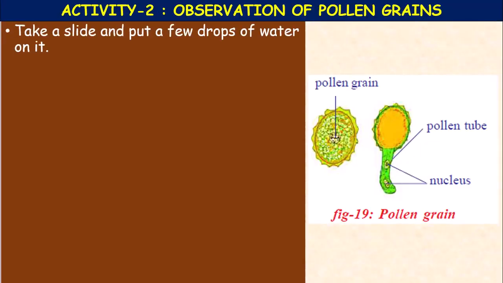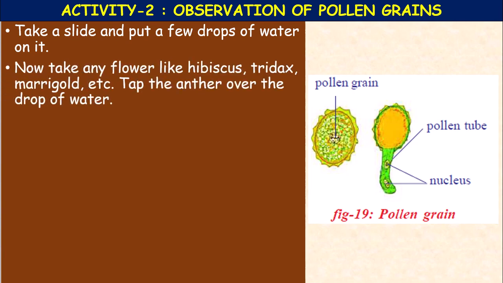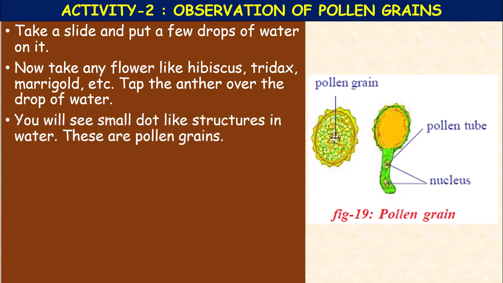Take a slide and put a few drops of water on it. Now take any flower like hibiscus, tridax, marigold. So these are all the flowers available in the surroundings. Anther, dust it over, so that powdery pollen falls in. You will see small dot-like structures in water.